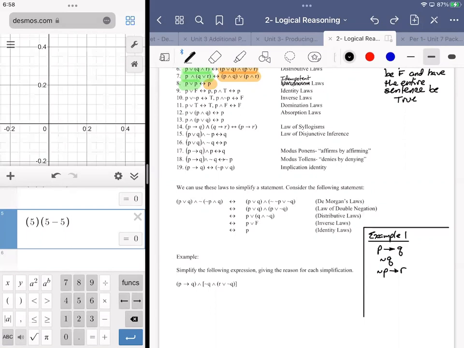So what I want to do is take two of these sentences and put them together and see if there's a conclusion that can be drawn. So I'll start off with the first two: P implies Q and not Q. I'm going to take those two and look at them in conjunction with one another, right?